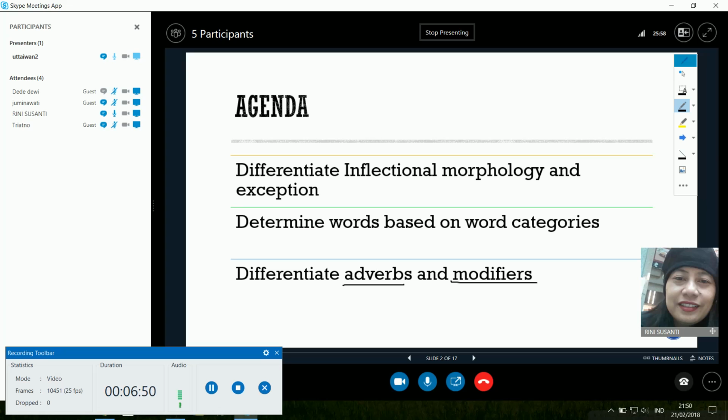Anyone knows the difference between adverb and modifiers?